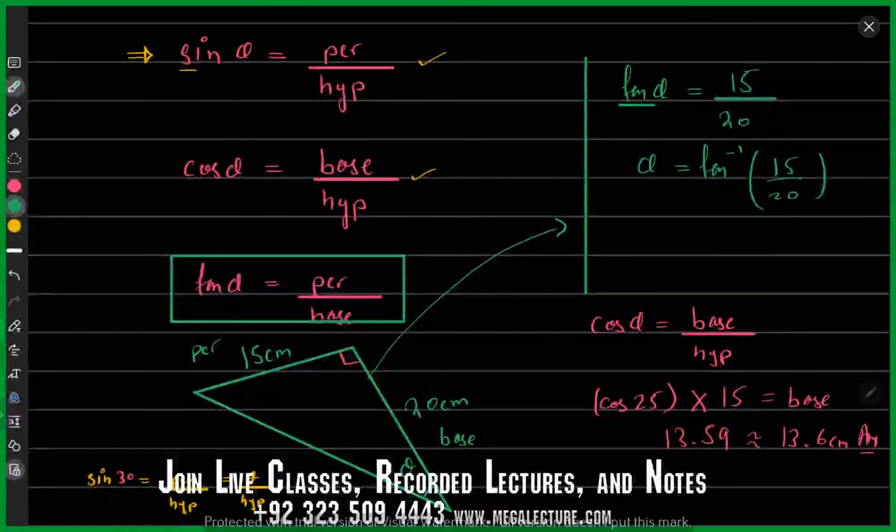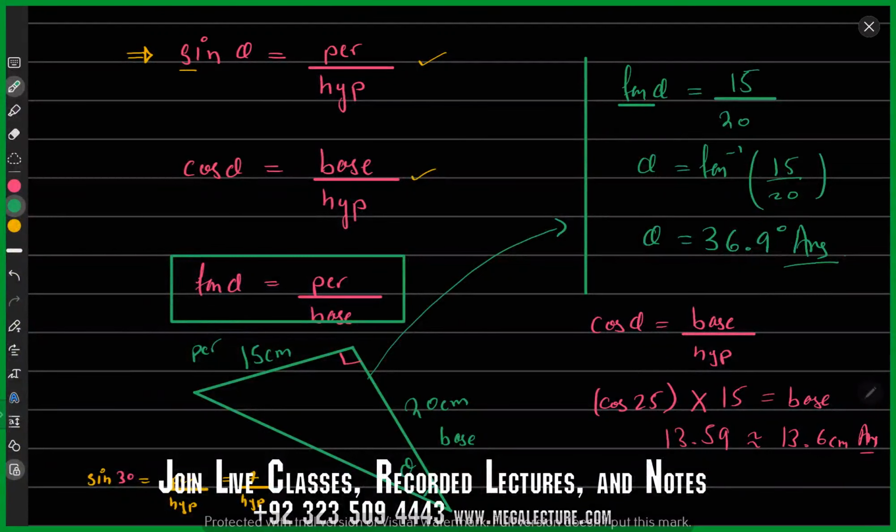You can see the tan button. Just press shift tan button and then do 15 divided by 20 and bracket close. And this is going to give you 36.869 degrees. So this means that theta is equal to 36.9 degrees, and this is the correct answer.